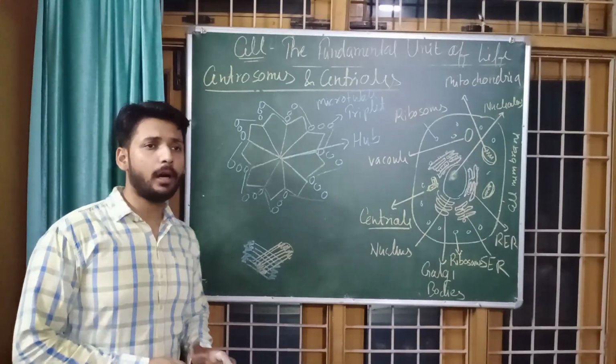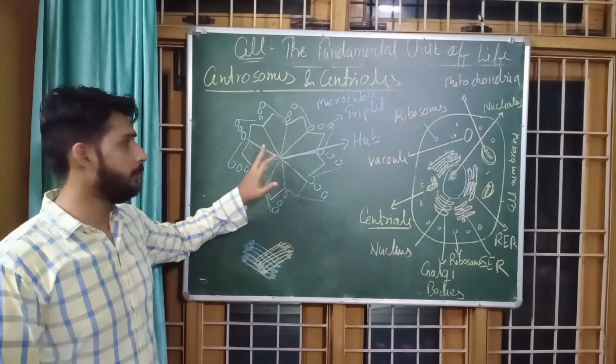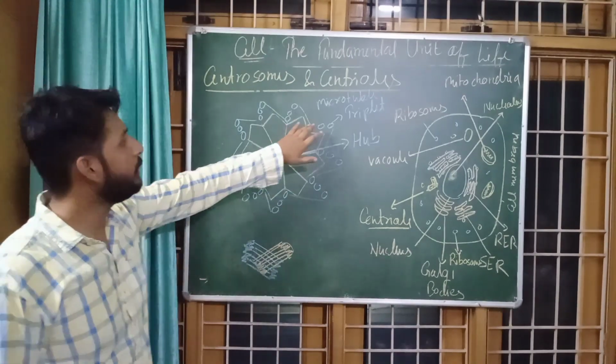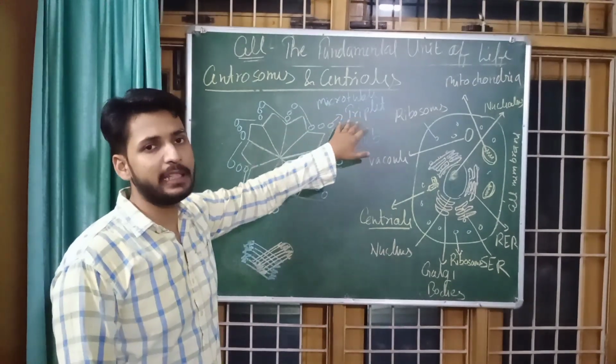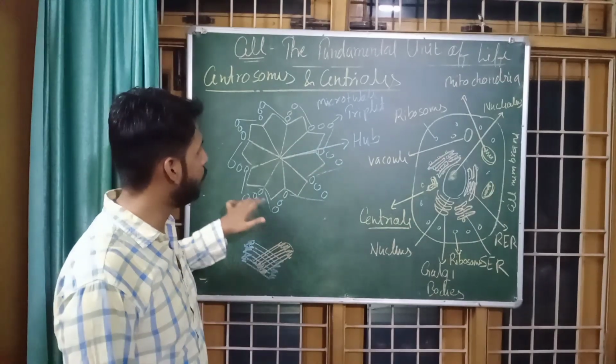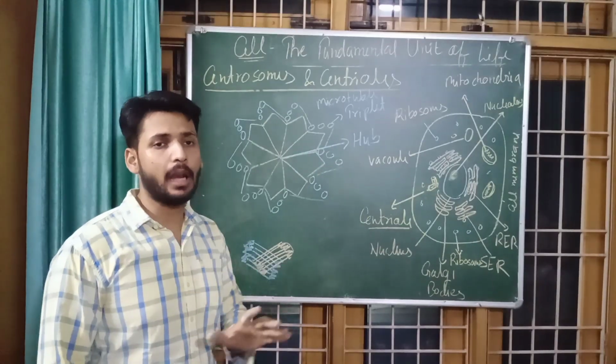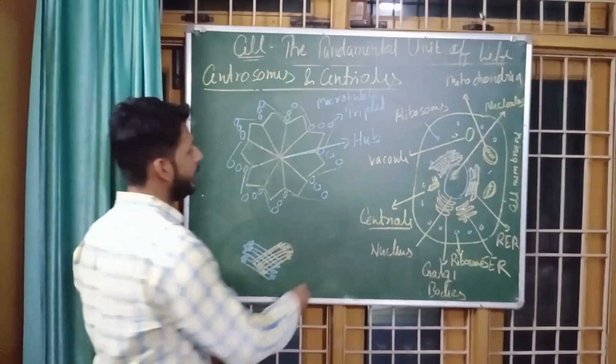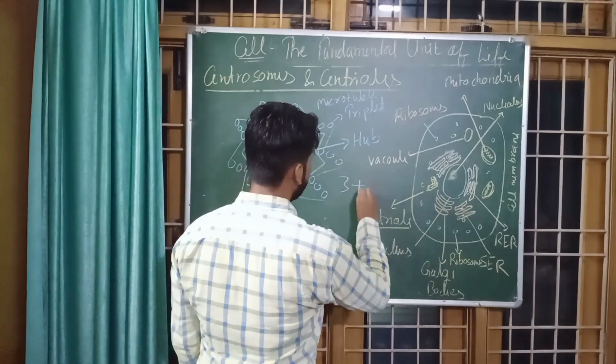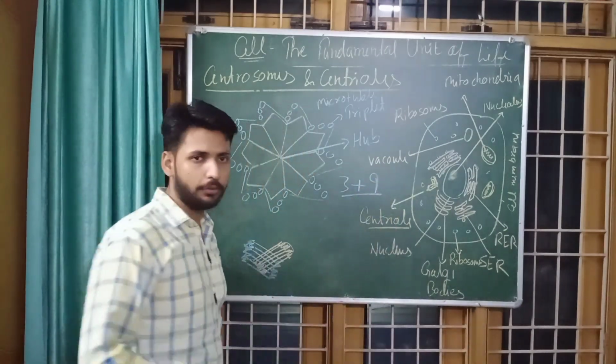If we are talking about their diagram, we can see microtubule triplets are present, and these microtubule triplets are 9 in number. So it is arranged in a 9 plus 0 order. Got it?